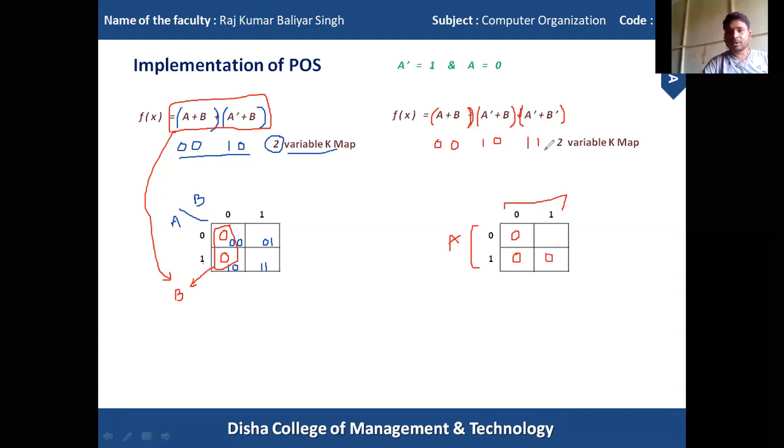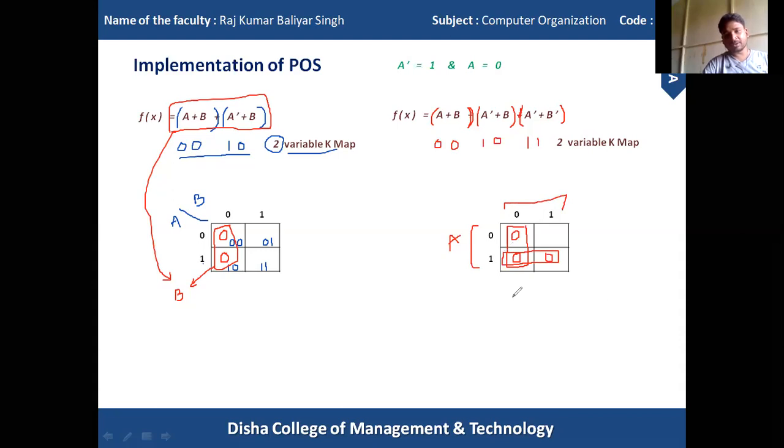After that we have to find out the common value by making the combinations. In the last class I said that the combination should be 2 cell, 4 cell, 8 cell, then 16 cell, then 32 cells, combined with each other. That means all the combined cells should be present adjacent to each other.